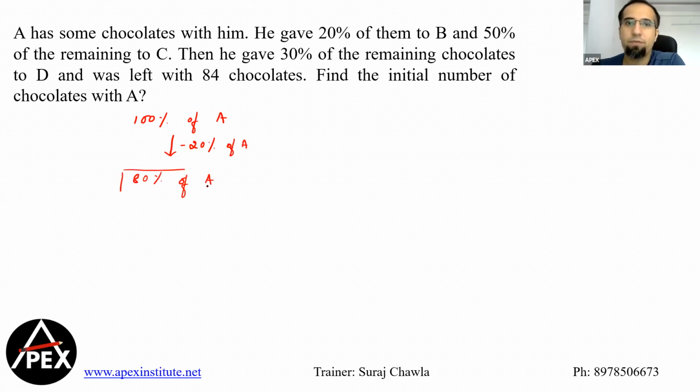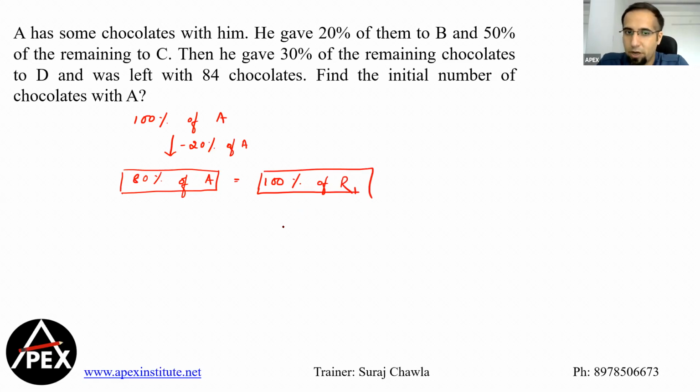Now he gave 50% of the remaining to C. So let's say this is equal to R. So I take this as 100 percentage of R, or let's say R1. Now he gave 50% of this to C. That means the left out will be 50 percentage of R1.